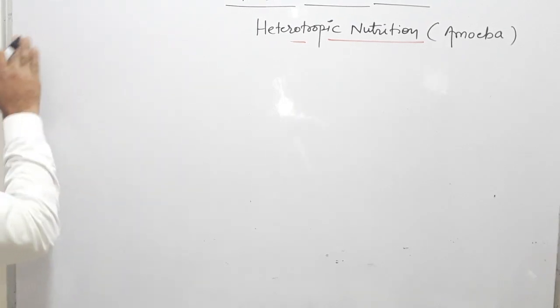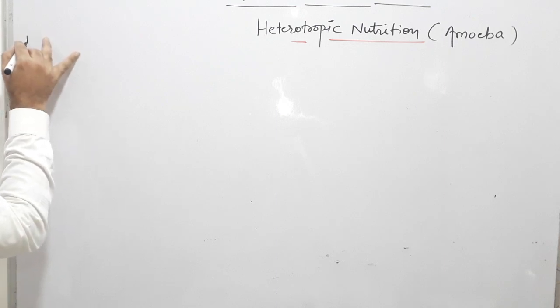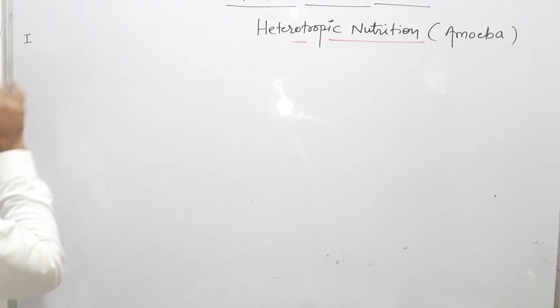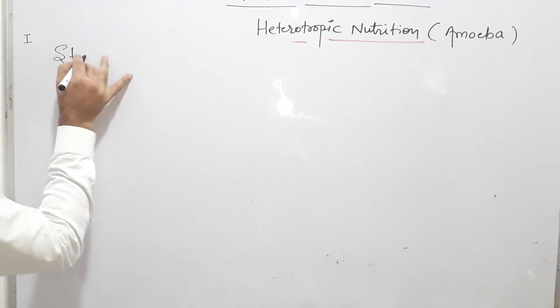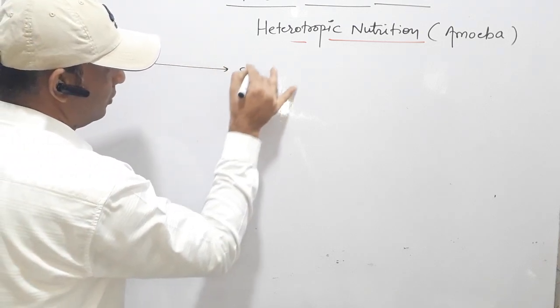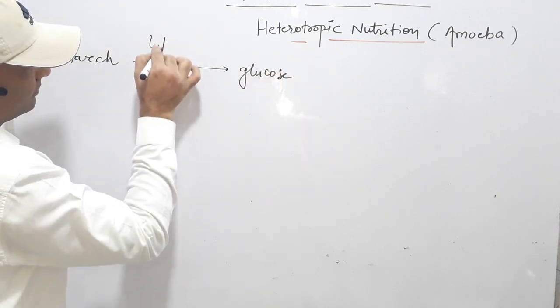Now we take some equations related to the nutrition in amoeba. First of all, in ingestion it enters the food into the food vacuole where digestion takes place. Now first we take the starch or carbohydrate. Starch converts into glucose in digestion by lytic enzyme.